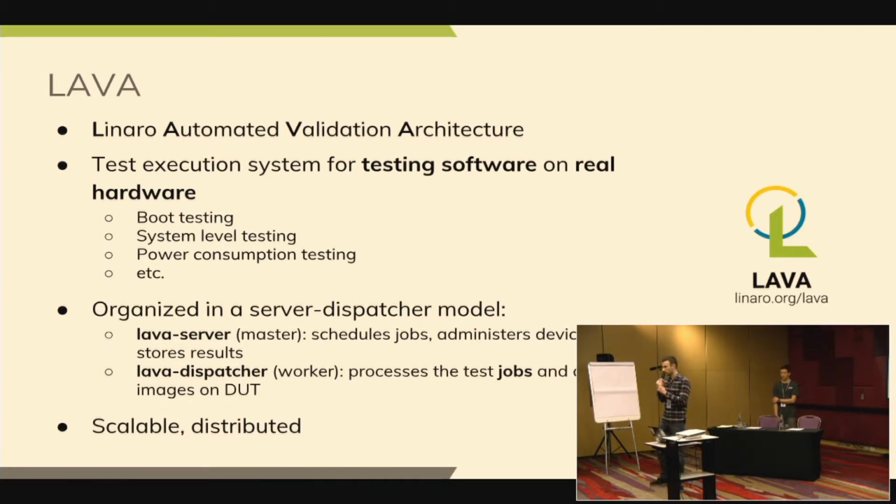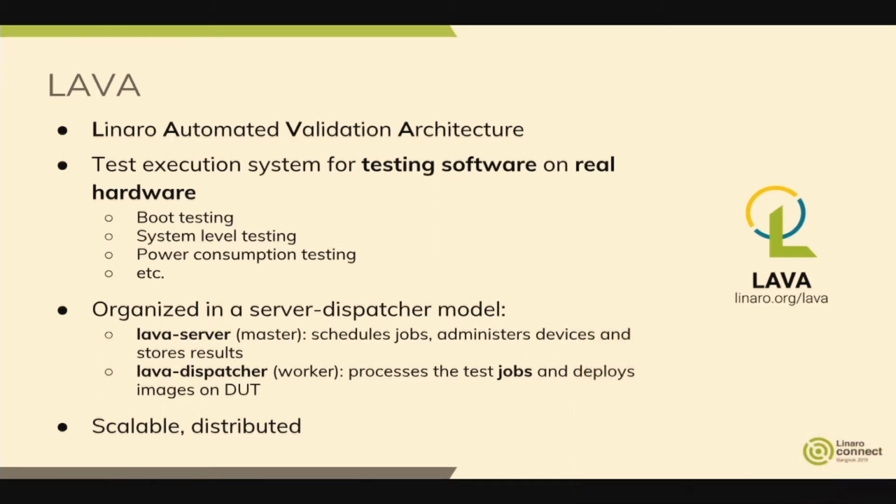I'm sure the audience is already aware of what Lava is, but just as a reminder, Lava is the Linaro Automated Validation Architecture. This is a system that allows you to test your software in an automated way on real hardware.